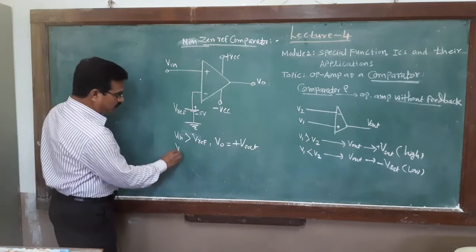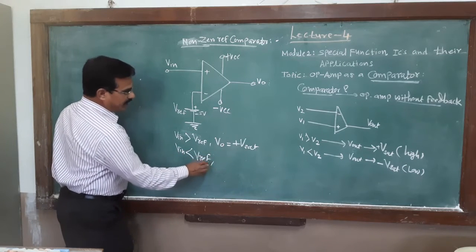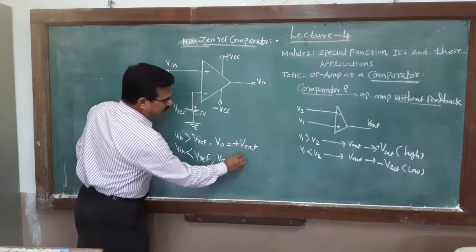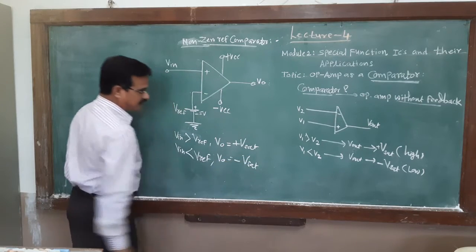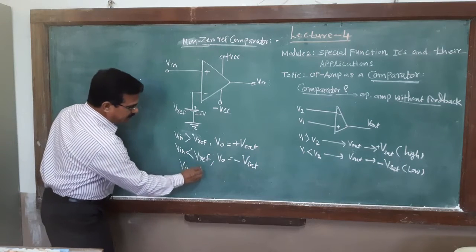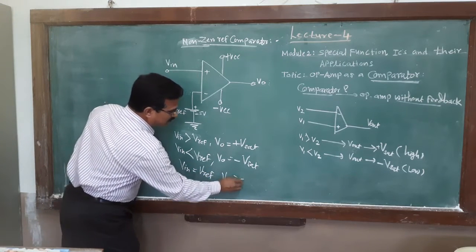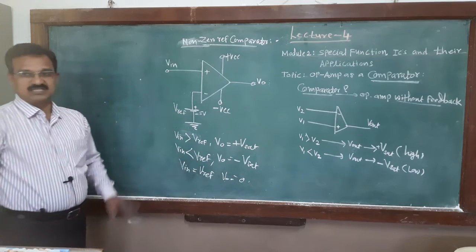And when the input voltage is less than V reference, at that time the output must be equal to minus V saturation. Remember this. And when V in is equal to V reference, at that time the output must be equal to 0 volts. This is a very simple concept.